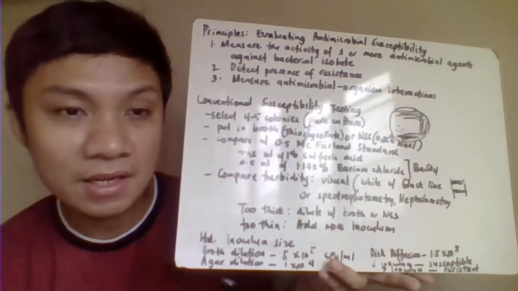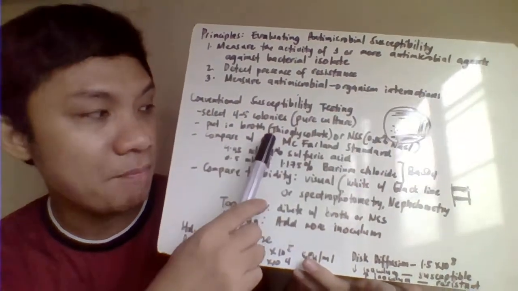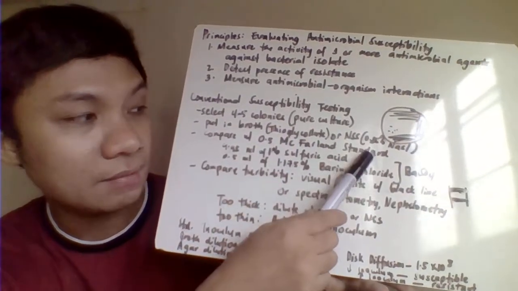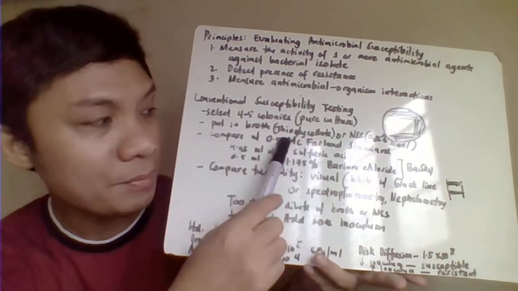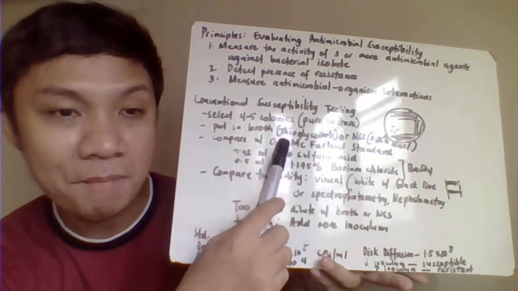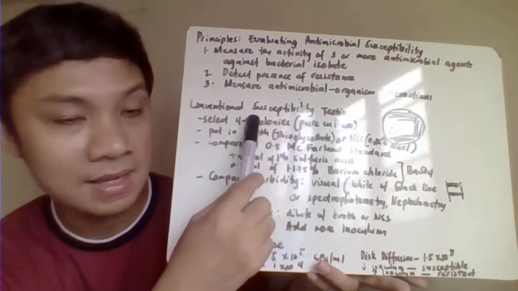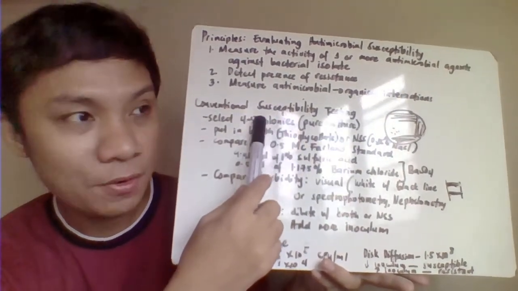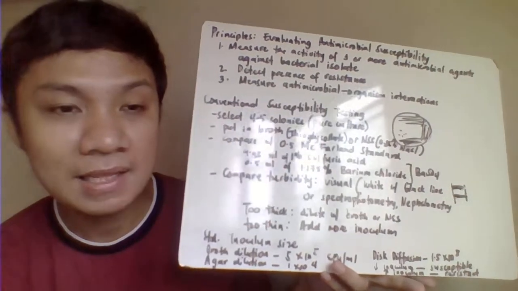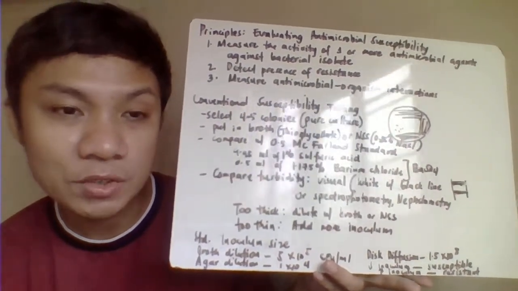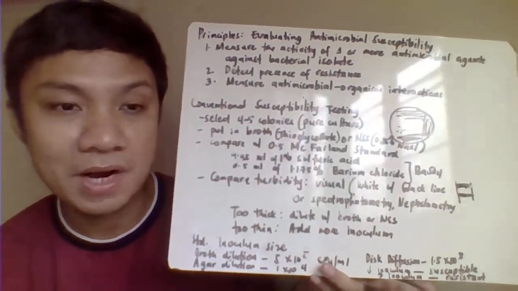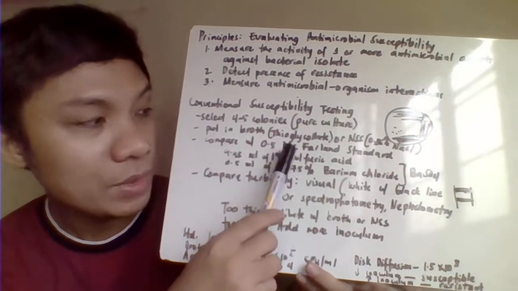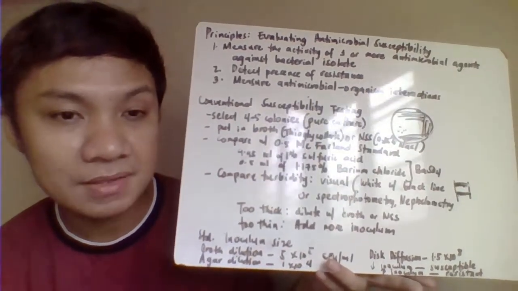Our standard inoculum here is your 0.5 McFarland standard. This will be our comparison. We compare the turbidity of our inoculum, so we wait until it develops turbidity and try to match it with your 0.5 McFarland standard.